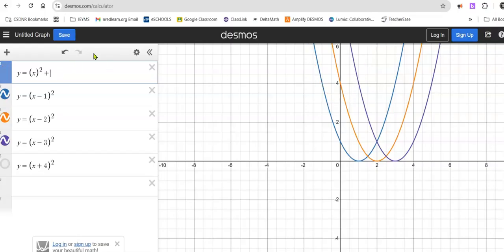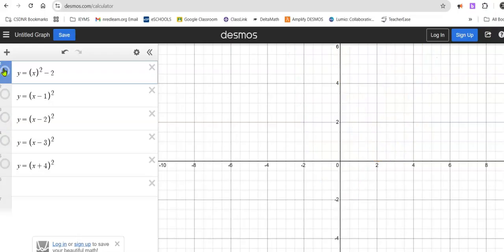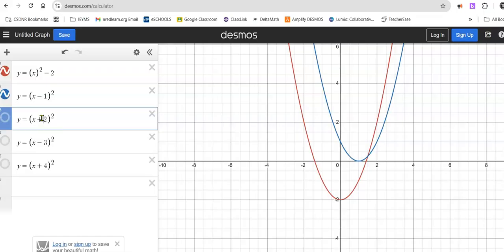That shifted it up or down, right? We put some numbers inside the parentheses. That shifted it right or left. And all of these are called translations.